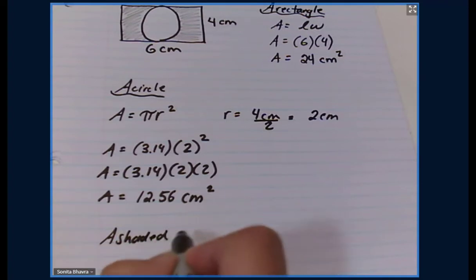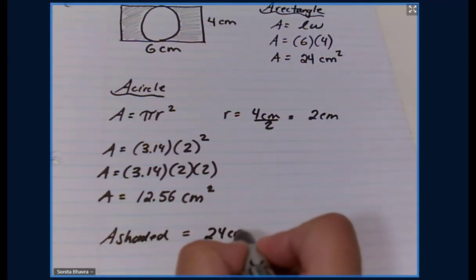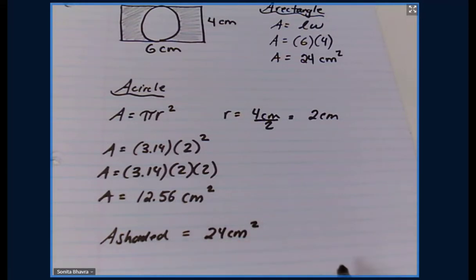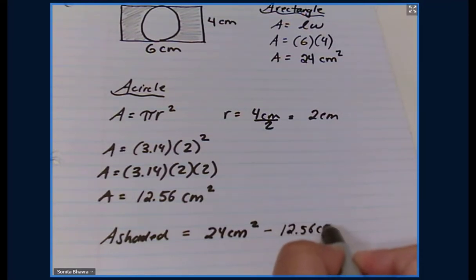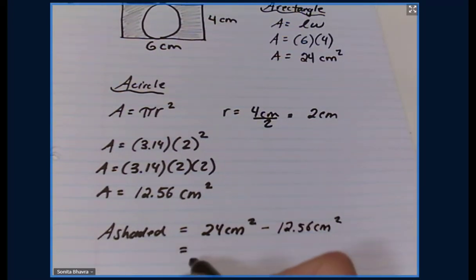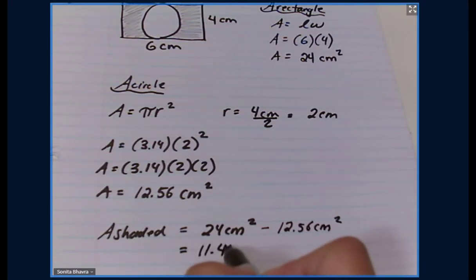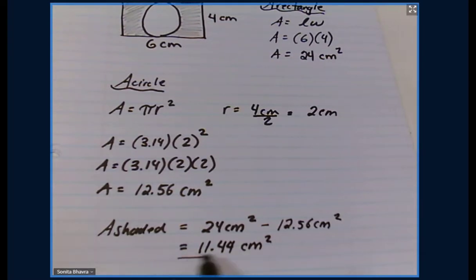I'm just going to call it area shaded like that. So we're going to take our 24 centimeters squared, which is the entire figure, the rectangle, and then we're going to subtract out the circle, which is 12.56 centimeters squared. And when you subtract those two, we get an answer of 11.44 centimeters squared as the area of the shaded region.